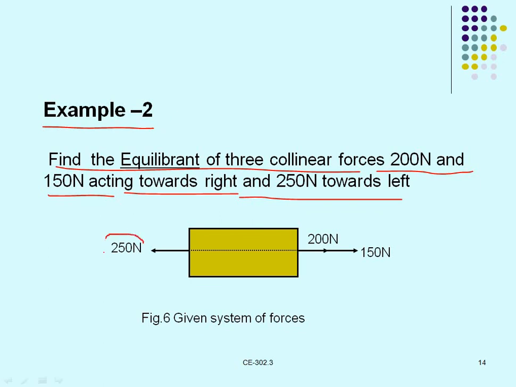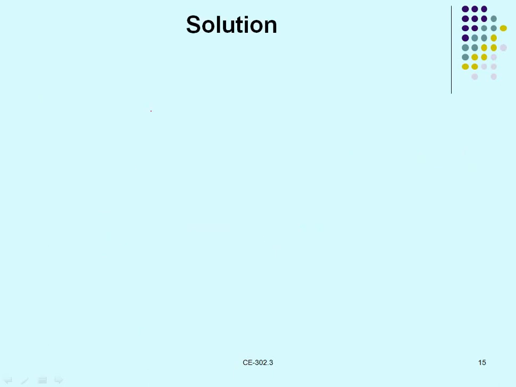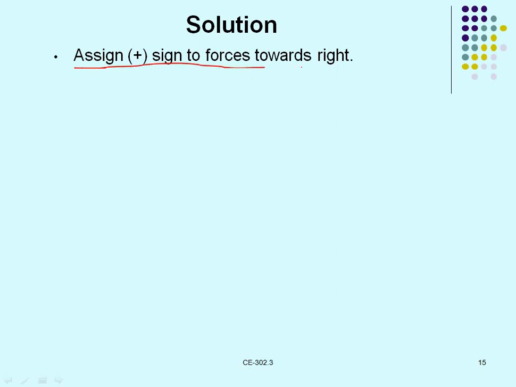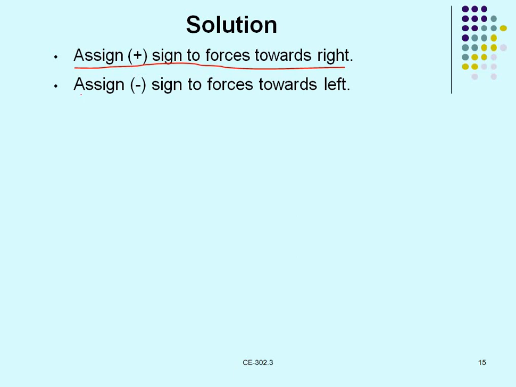So 250 newtons is towards the left and 200 newtons and 150 newtons towards right. These are the given system of forces. Solution: assign positive sign to forces towards right and negative sign to forces towards left.